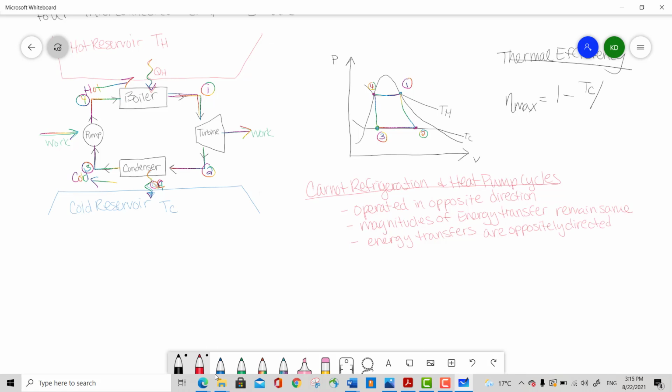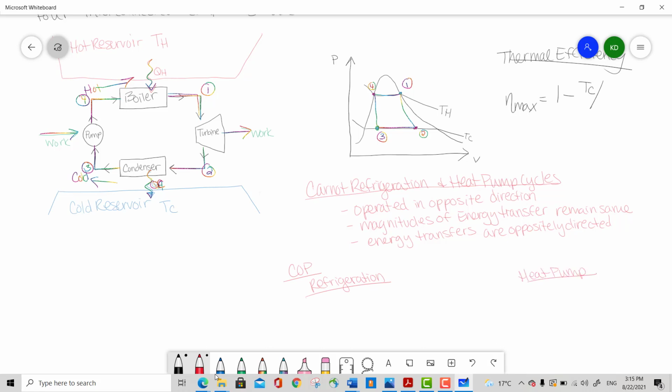And then we refer to these obviously as the Carnot refrigeration and heat pump cycles, and we can give the coefficient of performance for those separately. So we have the refrigeration, and then we have the heat pump.